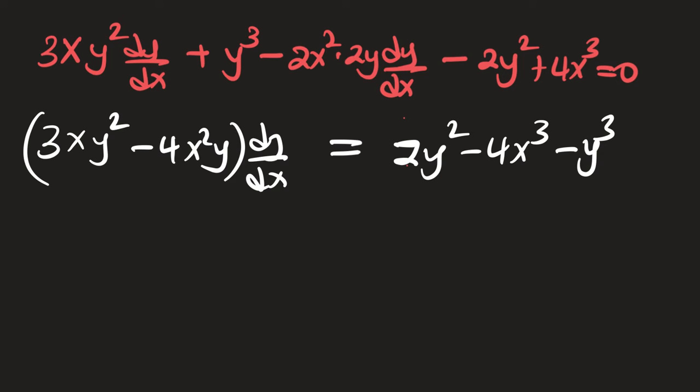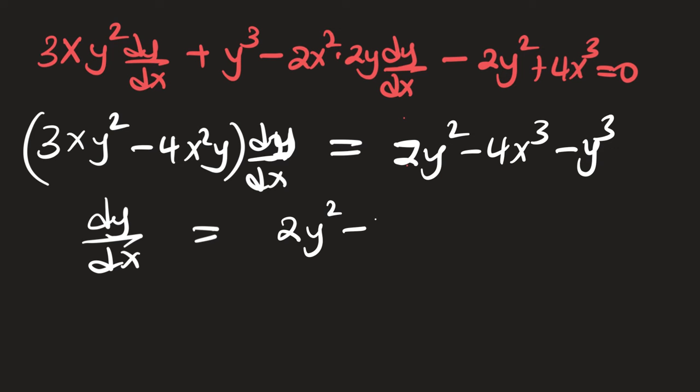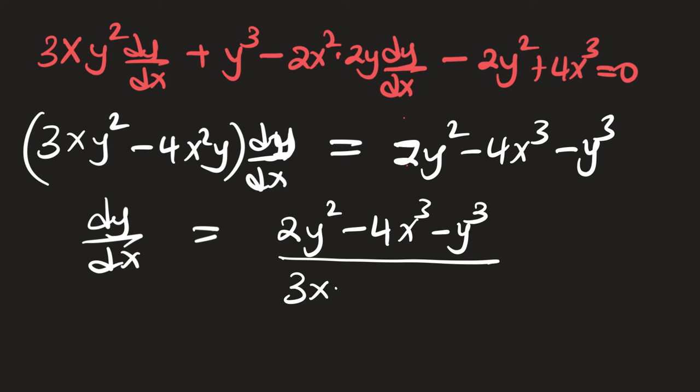So what happens after? We have dy by dx now equal to 2y squared minus 4x cubed minus y cubed, divided by 3xy squared minus 4x squared y.